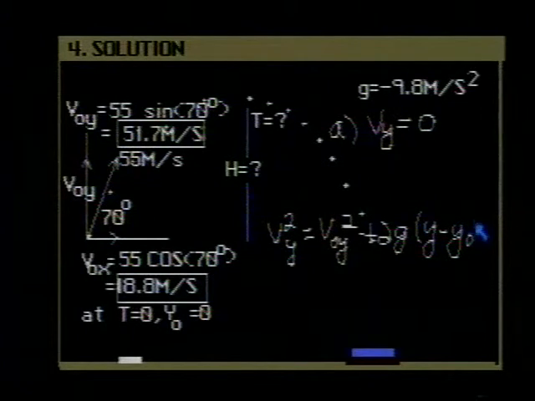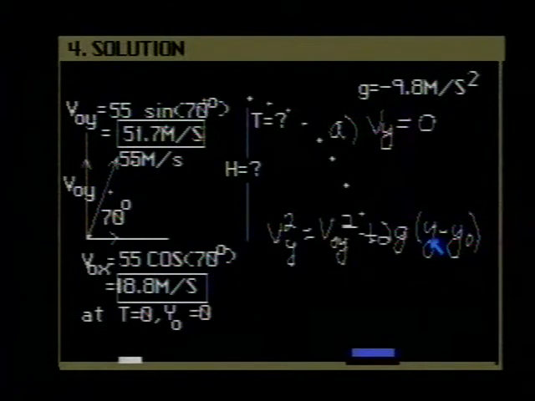In Part A, what we are looking for is y. We're looking for the value for y, which we're calling h, at that moment at the top of its motion when the value for v sub y is equal to 0. So in this equation we know v sub y, we know v0y, that is 51.7 meters per second. We know the value of g. We're looking for the value of y.